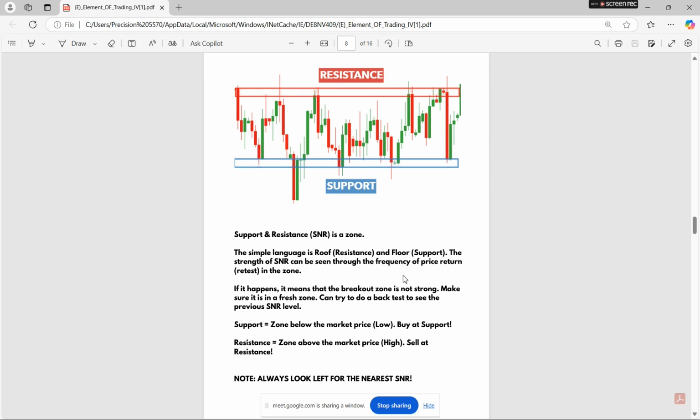So we have support and resistance in the market, and this is what it is. Resistance, we have what we call a resistance level. A resistance level in general means an obstacle. In forex, resistance is something which stops the price from rising further.